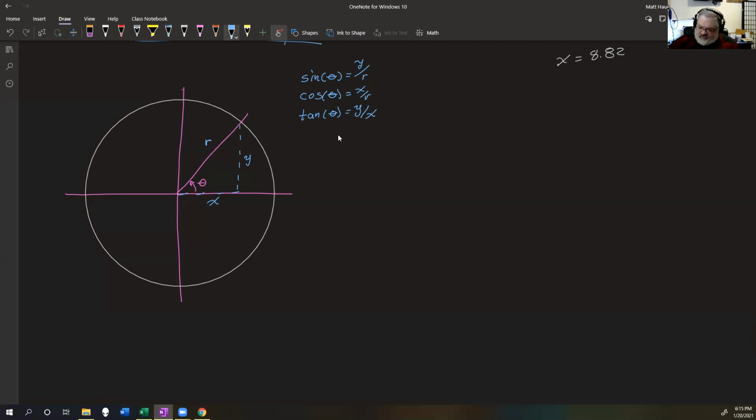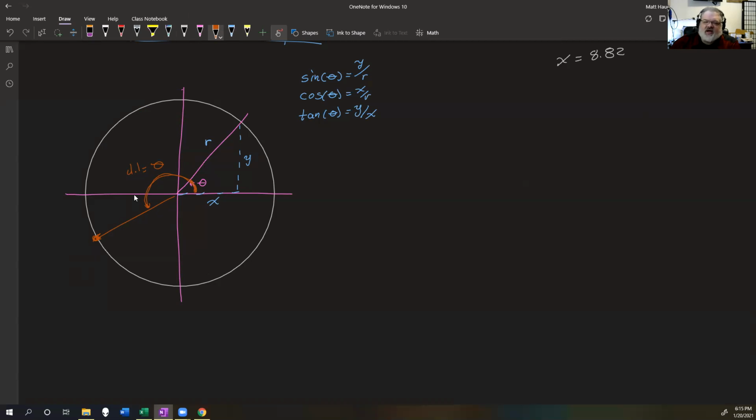Now, why is this definition different if it's all just changing those labels? Well, the thing that makes it different is, let's say we had an angle that went all the way into quadrant 3 there. So let's say that's, say, 4.1 radians.